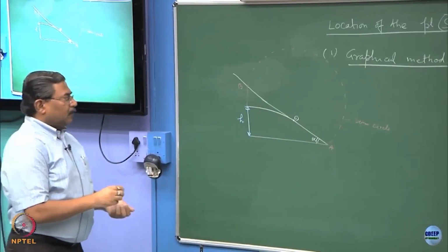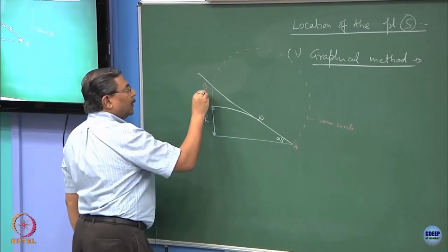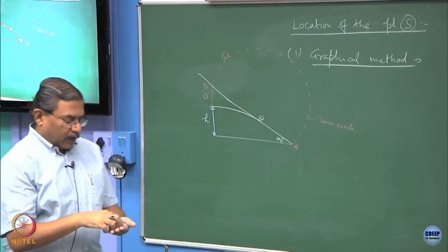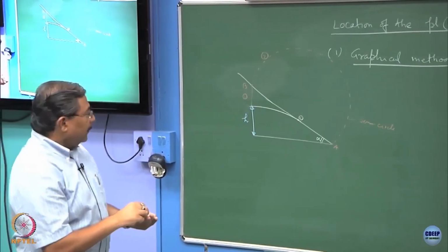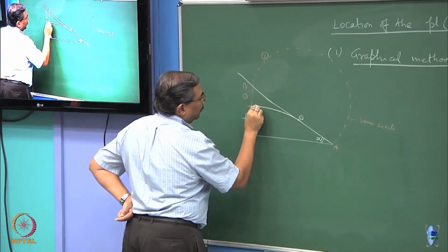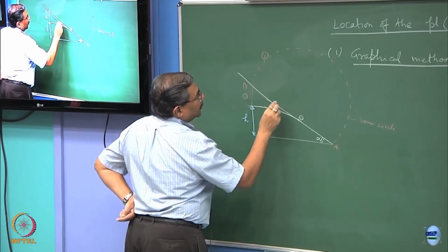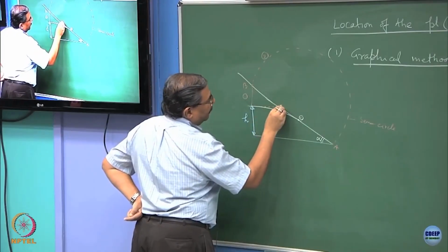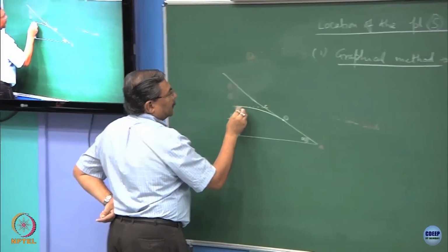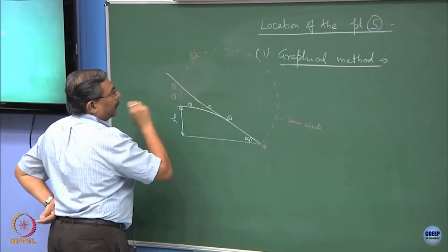Okay. So, the first step is this, number 2 step is this: draw a tangent to the phreatic line and let it cut the downstream slope. Let us say this point is C. So, this is step number 3.